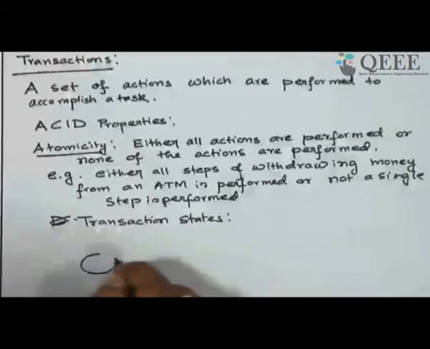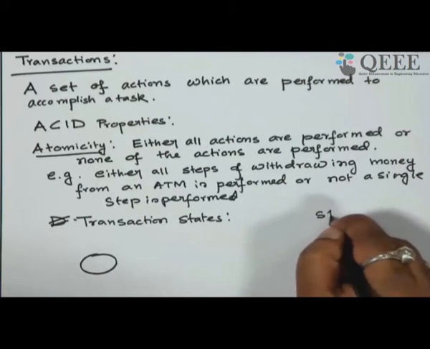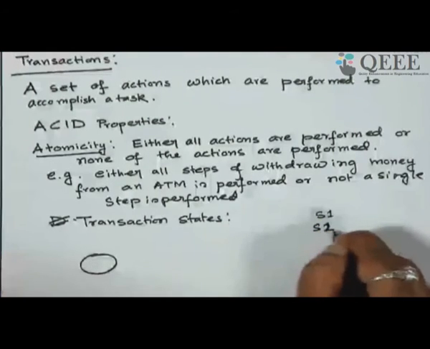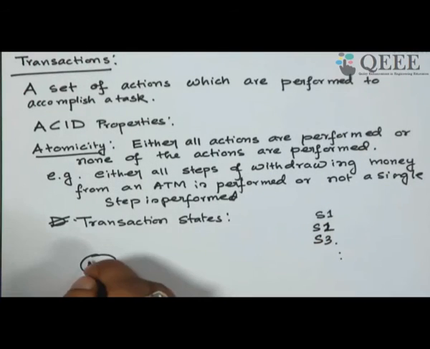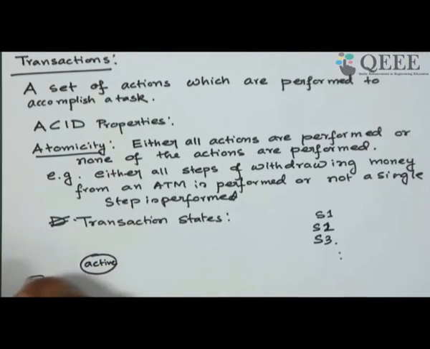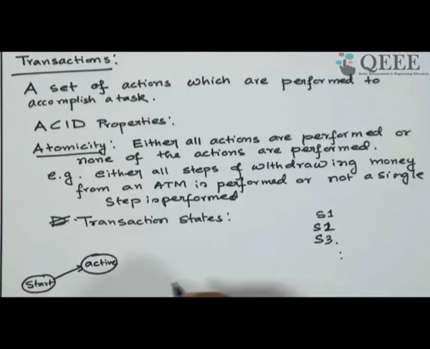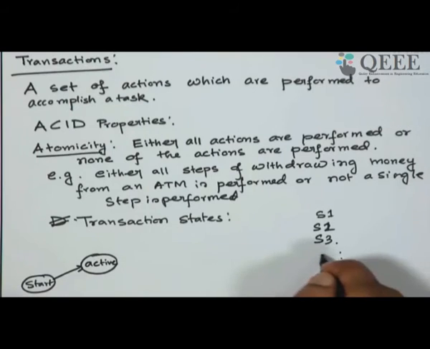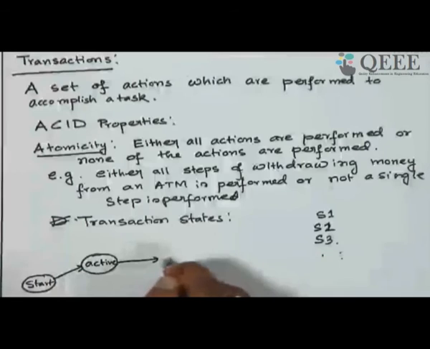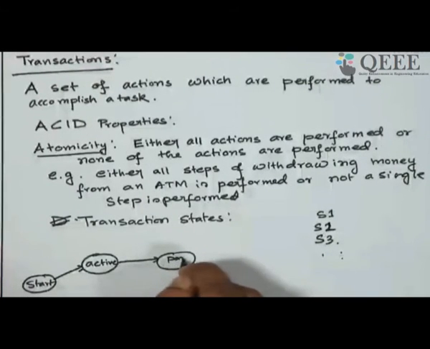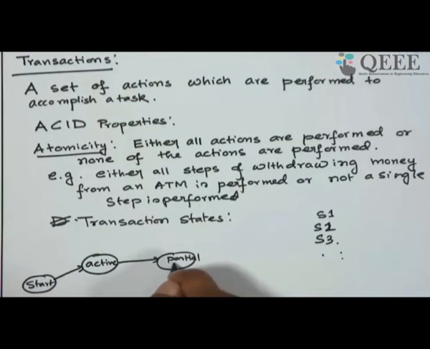So you have the steps of the transaction S1, S2, S3 and so on. When these steps are going on, it is called an active state. In the beginning you have the start, and it goes to the active state. When the last action is done, it is called a partial commit state.